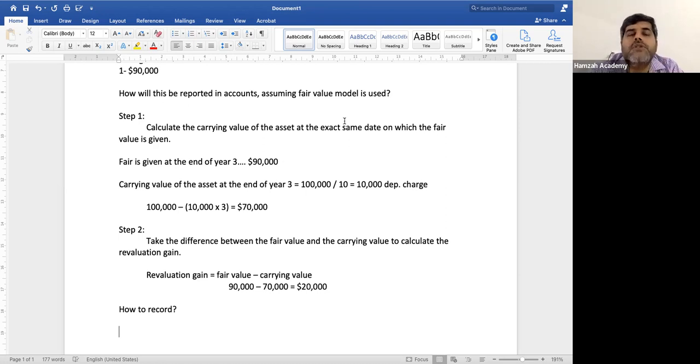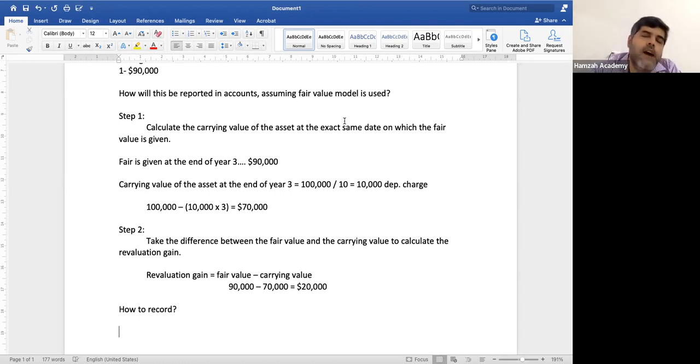So your house which you bought previously is now reported at a higher value. If you bought it for 100 and now in the market it is around 120 or so, you have made a gain on your asset of 20.